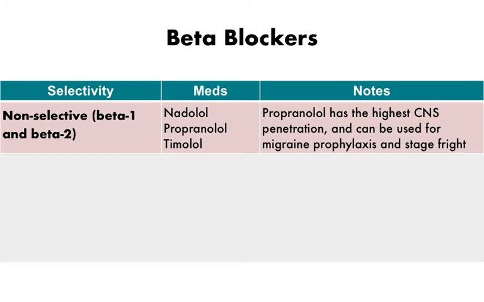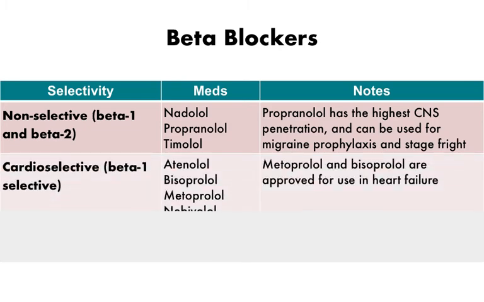Compare that to the selective beta blockers. In this case, we're being more selective with the beta 1s. We're leaving the beta 2s alone, and therefore we're not affecting the beta 2s, which are primarily in the respiratory system. These medications include things like atenolol, bisoprolol, and metoprolol.